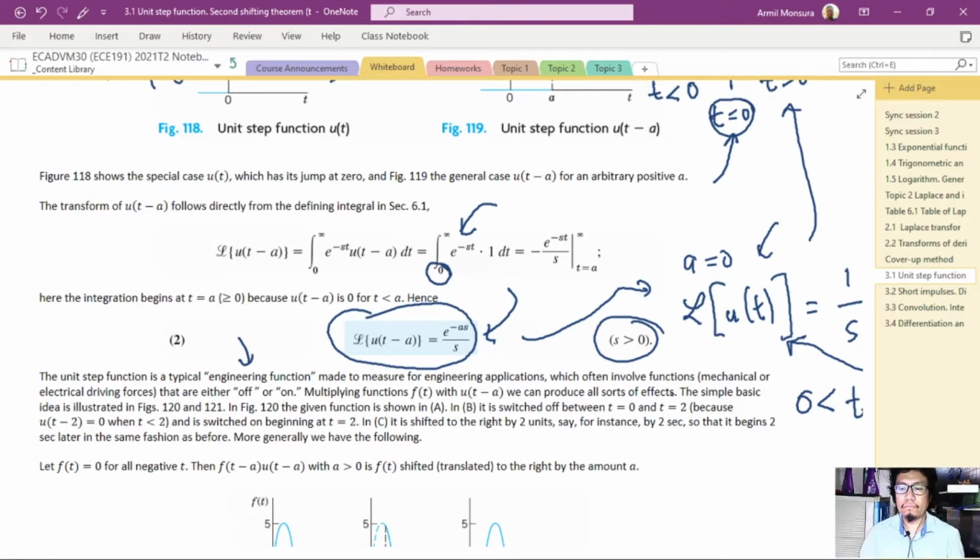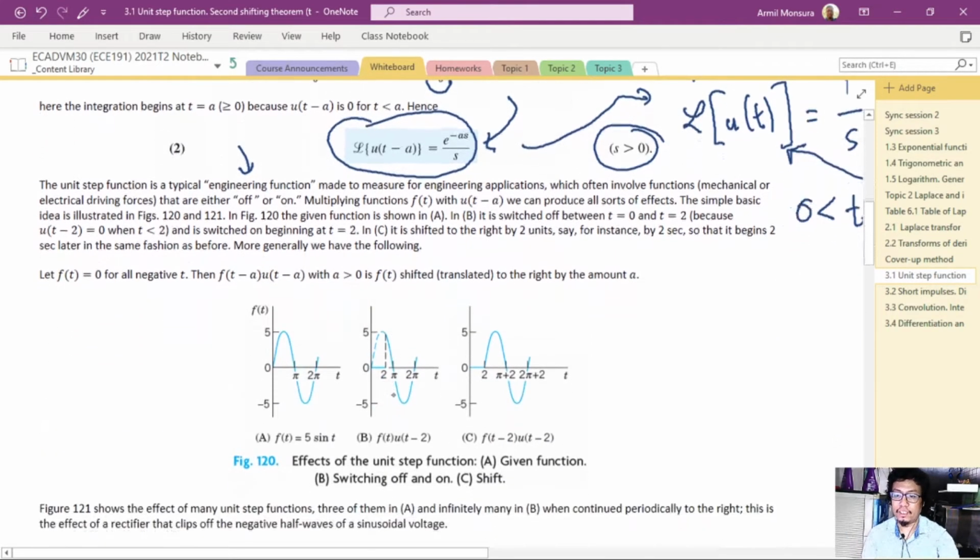So how does this unit step play a role, or how do we express this in mathematical form, or use it in the analytic method of analyzing your system? We start with how we interpret the unit step function, especially when it gets multiplied with a certain standard function.